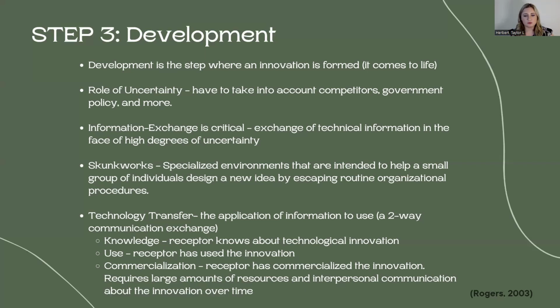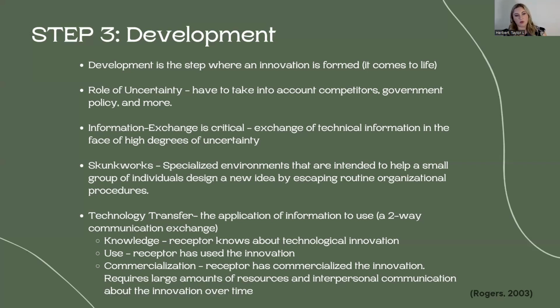So having the knowledge of an innovation is the person or group, the receptor, knows about the technological innovation. So knowing about it and using it are two different things, right? So the next step is use. So the receptor now has used the innovation.